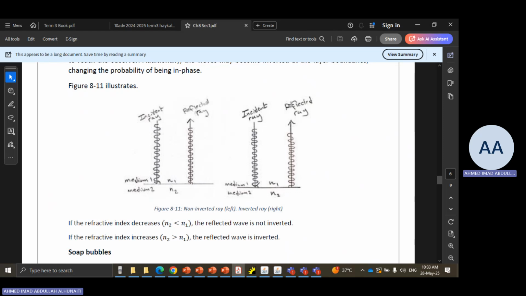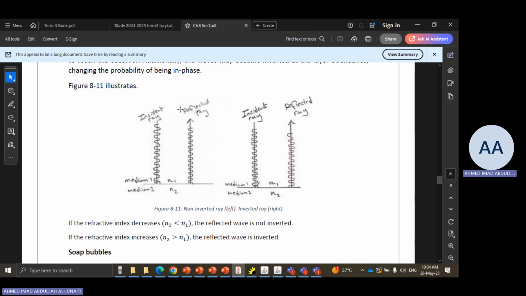Compare this to the second case. We have an incident ray. Again, the crest is to the right of the axis. However, in this case, for the reflected ray, the crest is on the left side. So they're both reflected, but the one on the right is inverted, and the one on the left is not inverted.